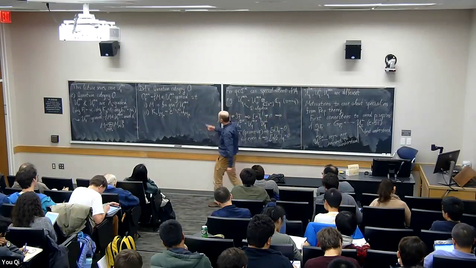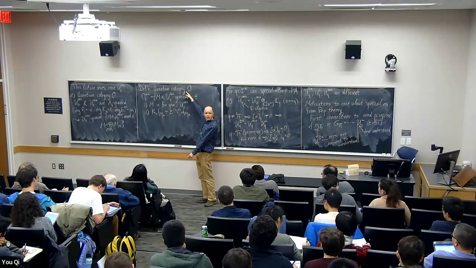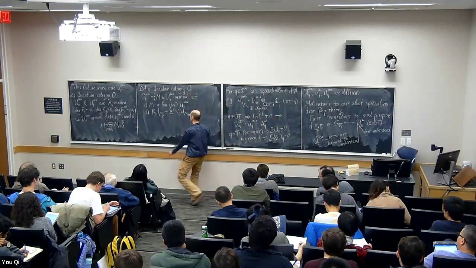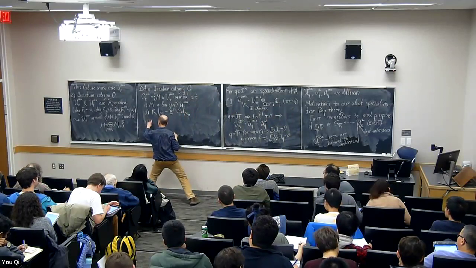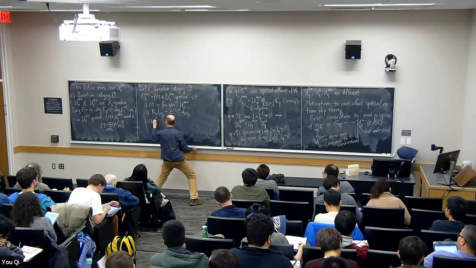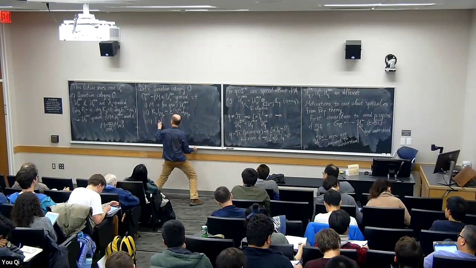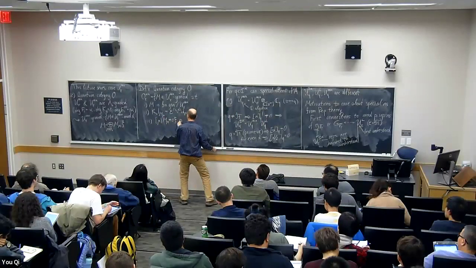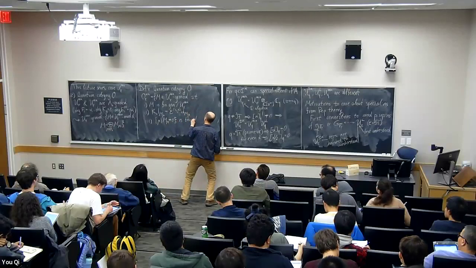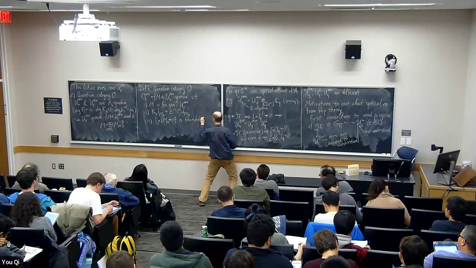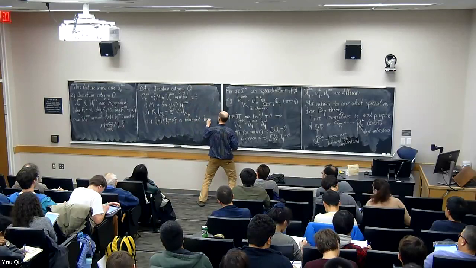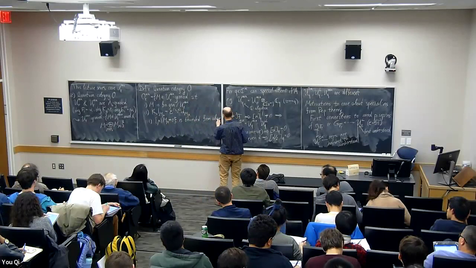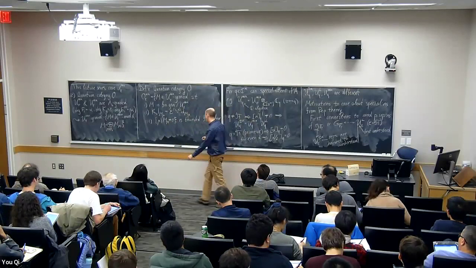And finally, well, it's category O, so there should be some condition like saying that weights are bounded from above. And here it is. The set of mu such that M_mu is different from 0 is bounded from above. Let me write down what this means formally.